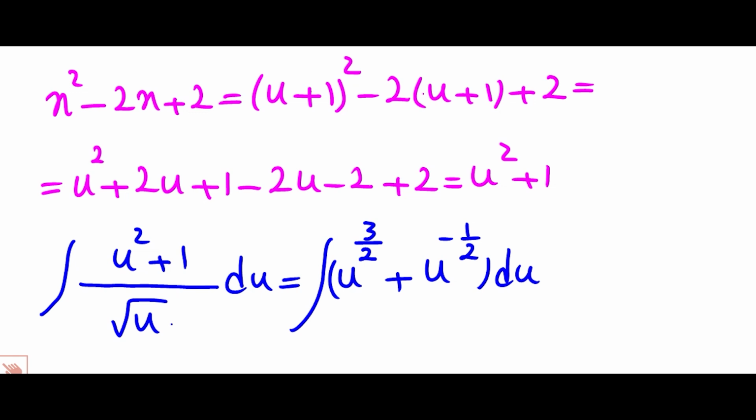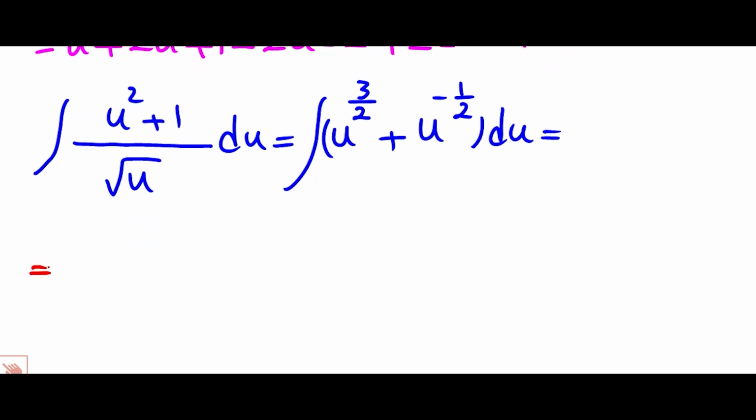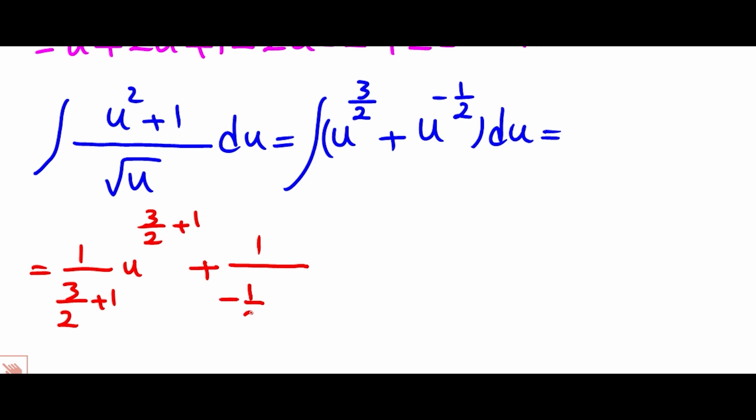So if we use the power rule, we have 1 over (3 over 2 plus 1) u to the power of 3 over 2 plus 1, plus 1 over (negative 1/2 plus 1) u to the power of negative 1/2 plus 1.